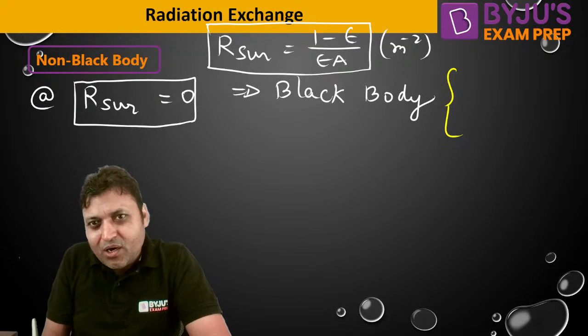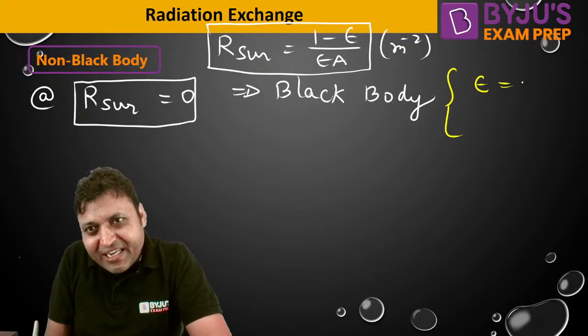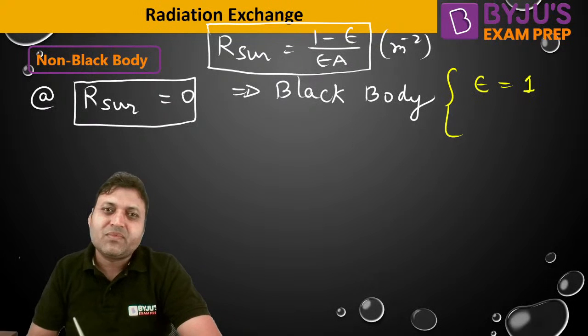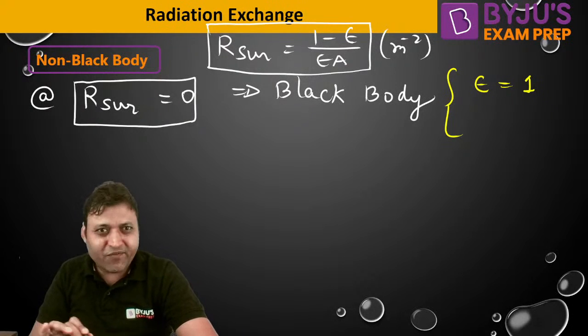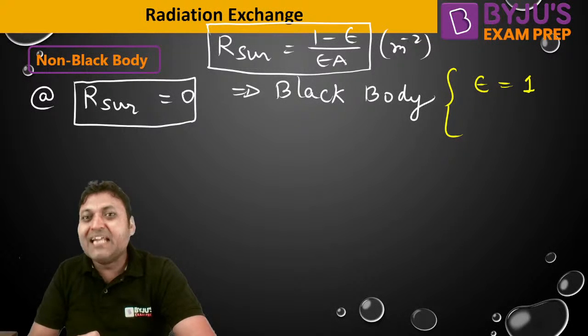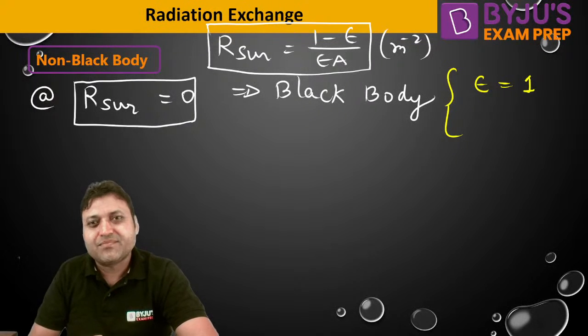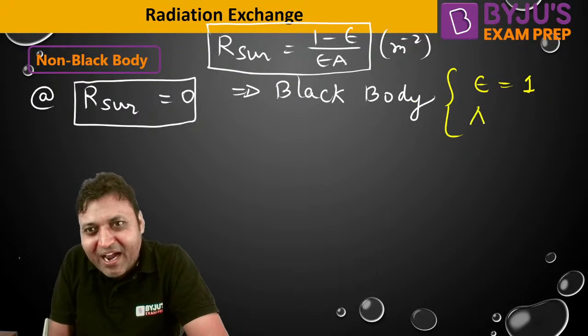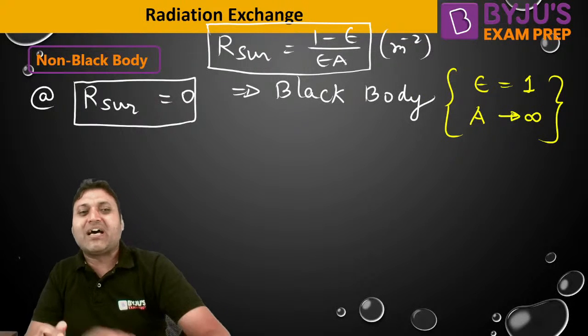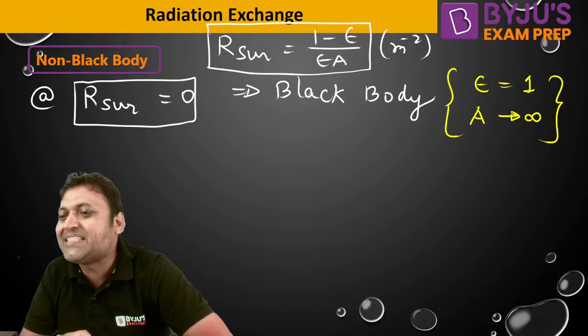Surface resistance will be 0 in the situation when emissivity is equal to 1. When the emissivity is equal to 1, the numerator will become 0. So the surface resistance will become 0. And there is another condition. When A is infinite, when the area is very large, then also the body can be treated as a black body.